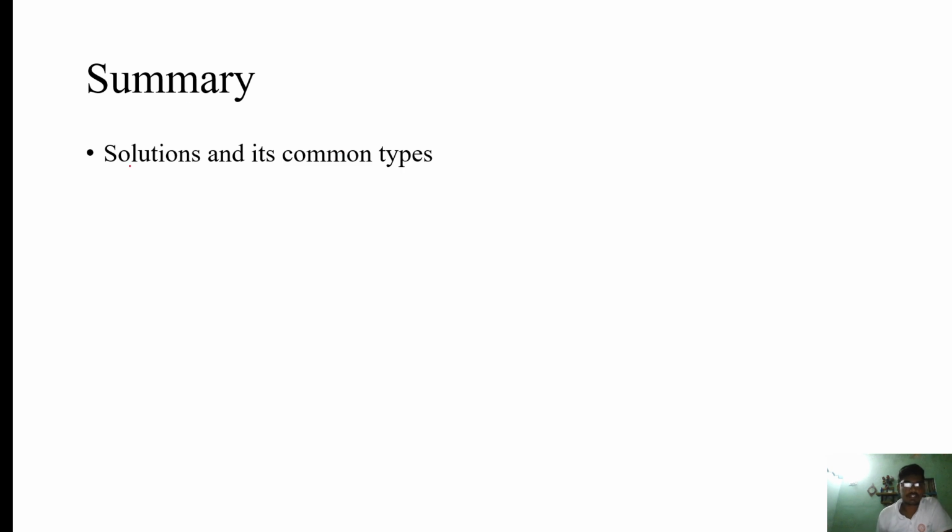Before moving on, let us summarize what we have done in the previous classes. We started with this solutions chapter, which is nothing but a mixture of solute plus solvent, and we studied its common types.